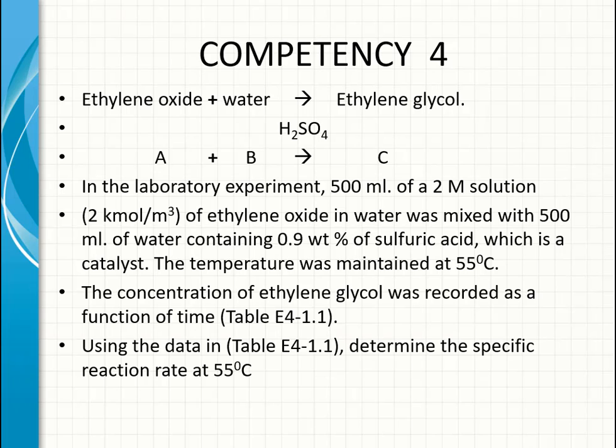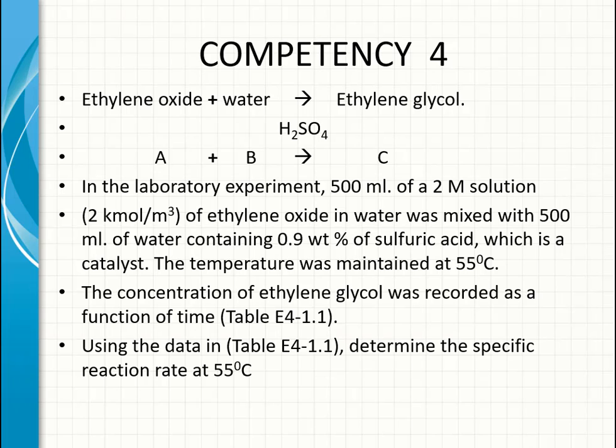In the laboratory experiment, 500 milliliters of a 2 molar solution, which means 2 kilomoles per cubic meter or 2 moles per liter, of ethylene oxide in water was mixed with 500 milliliters of water containing 0.9 weight percent of sulfuric acid, which is the catalyst.